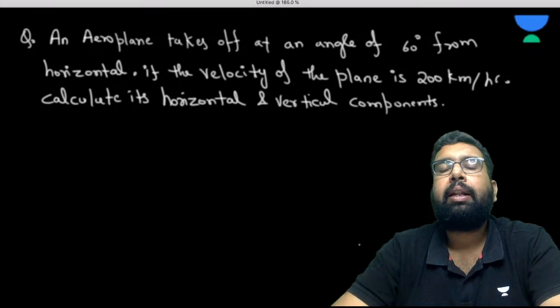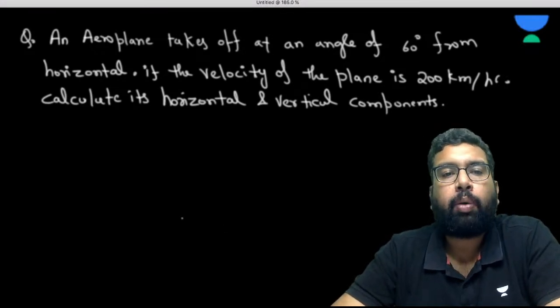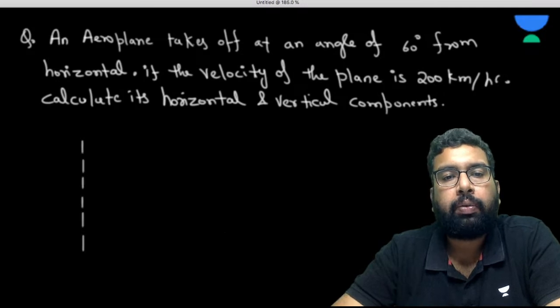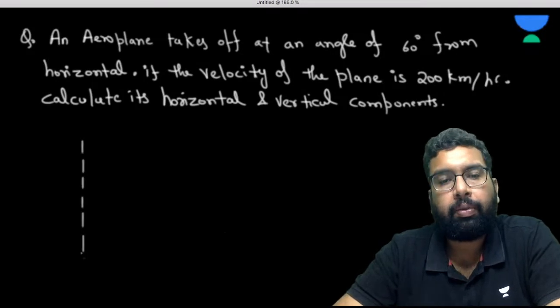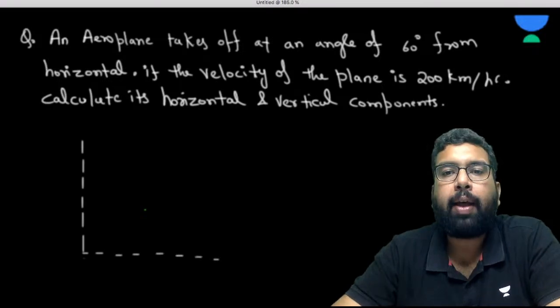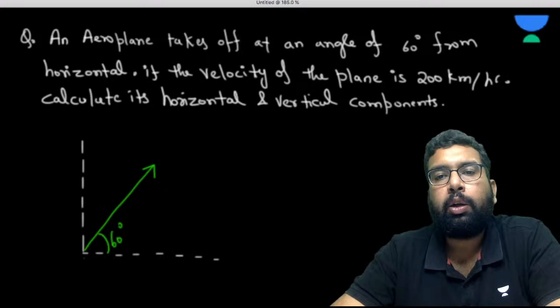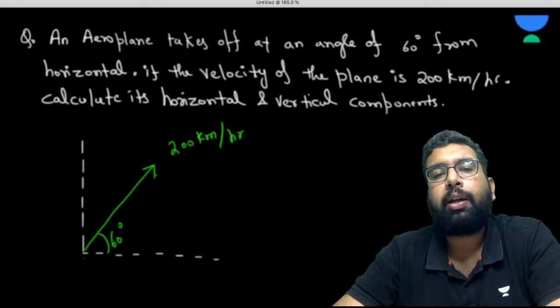It says an aeroplane takes off at an angle of 60 degrees from horizontal. So we have to visualize how we are going to have it. If the velocity of the plane is 200 kilometer per hour, find its horizontal and vertical component.